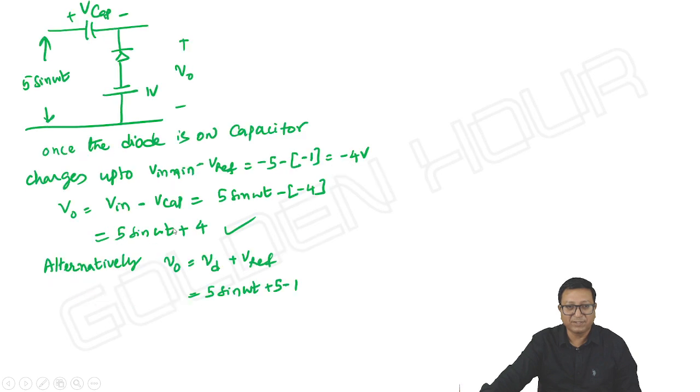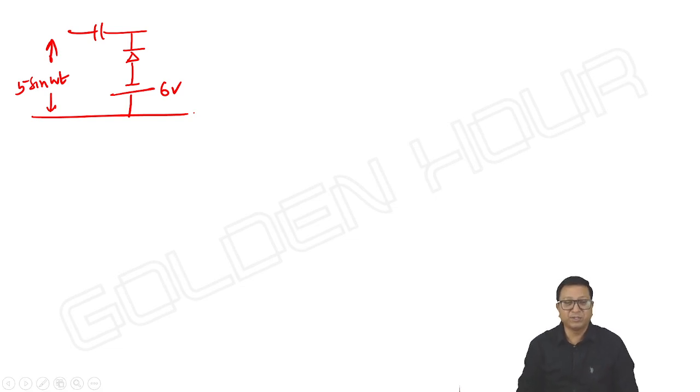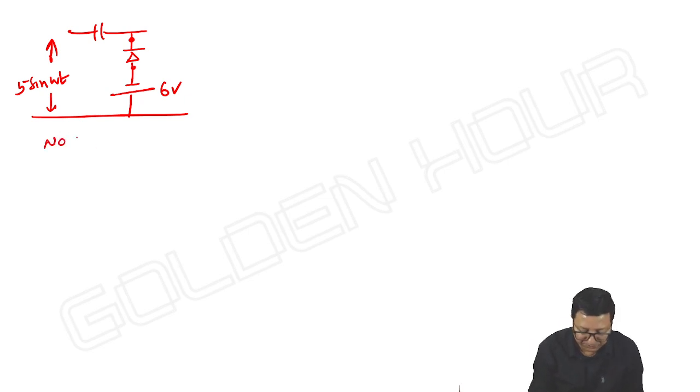But here in the previous example, I mentioned -1. So if you observe this, this is our negative clamper, and suppose it is -6 volts and input is 5 sin omega t. Then what happens here? Is there any scope for the diode to conduct? Not at all. Even for the negative peak of the input, the cathode voltage is greater than anode voltage, so diode never conducts.